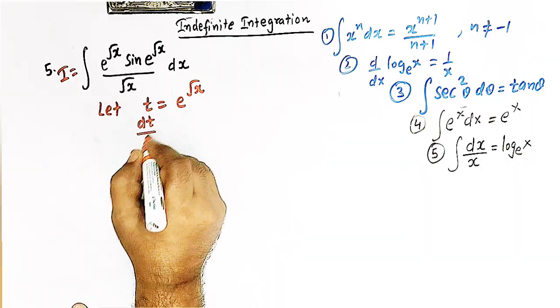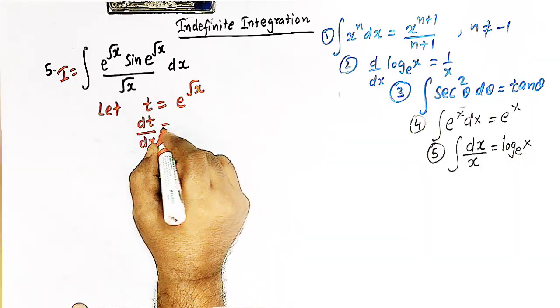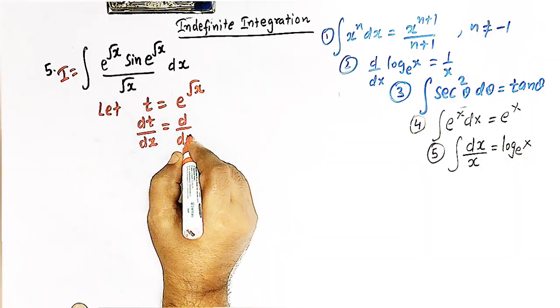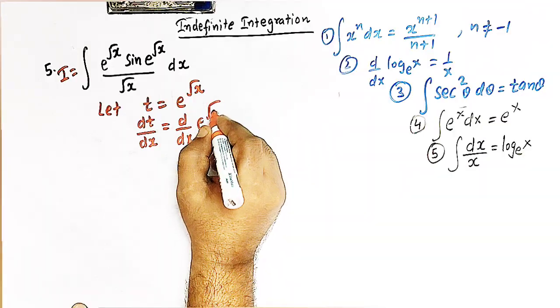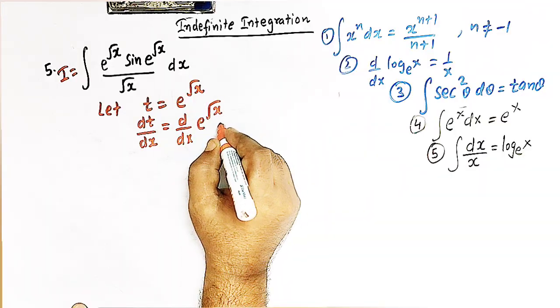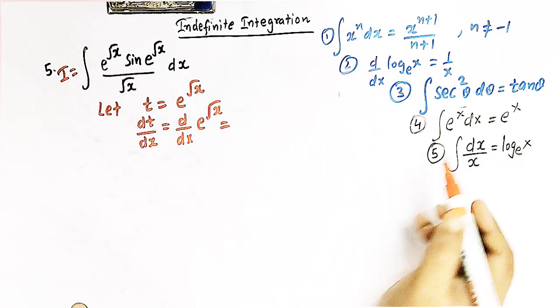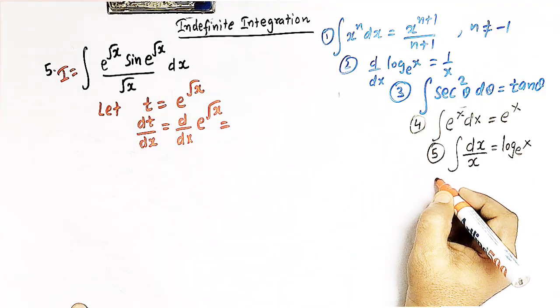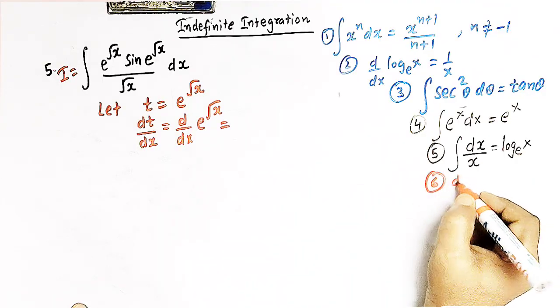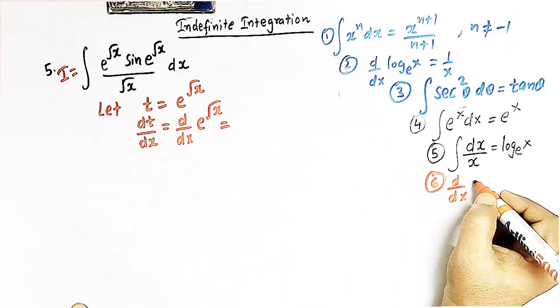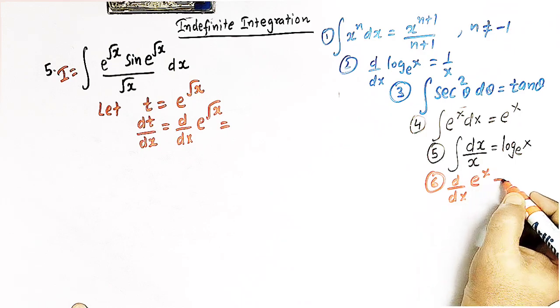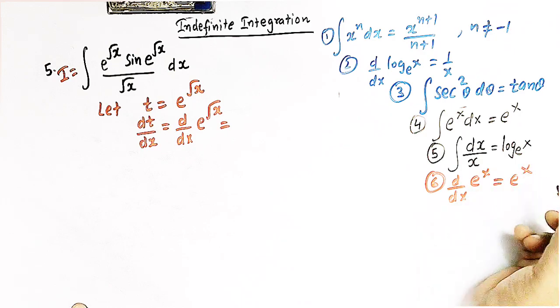So we have dt over dx is equal to d by dx of e raised to square root of x, right? Now see, from this result, that is the derivative of e raised to x is equal to e raised to x.